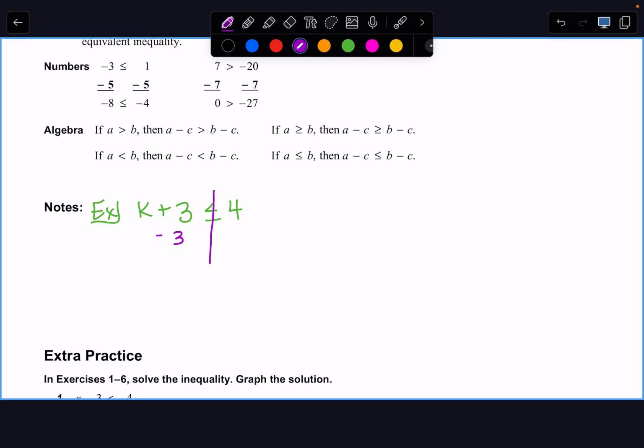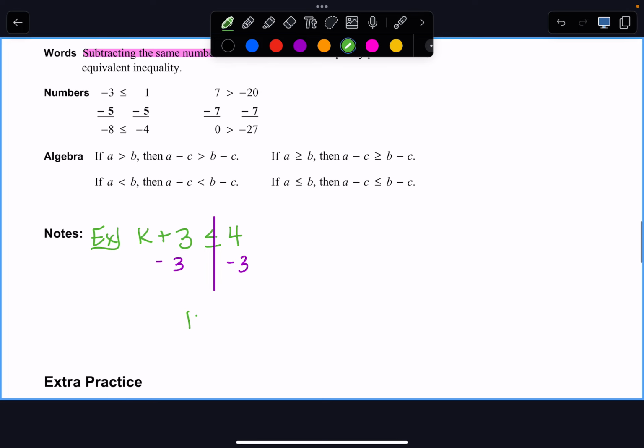And if I subtract it to one side of the inequality, I would have to subtract it from the other side as well. You probably don't need that line, but I'm trying to just emphasize that we have two sides and we need to balance across the two sides. So we end up with k is less than or equal to 1? Yeah. Okay.